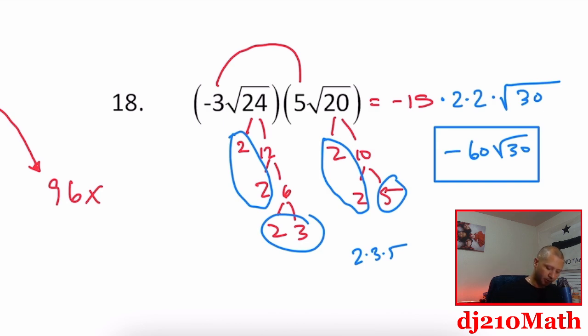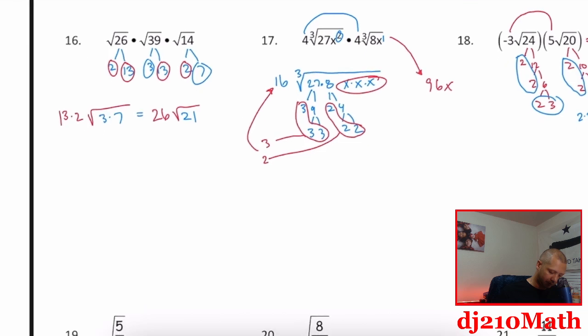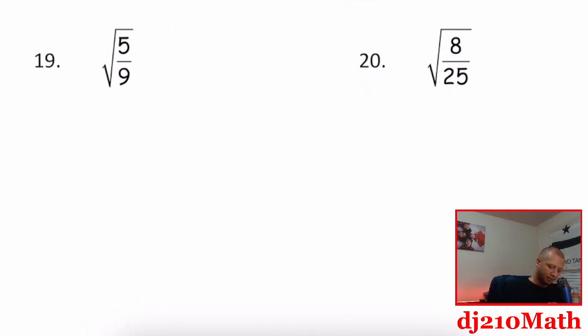Hopefully you're following along with the logic that I'm using here. Okay, 19. This one's a different one. We can break this up: square root of the top over the square root of the bottom. That's nice because we don't like square roots in the denominator.